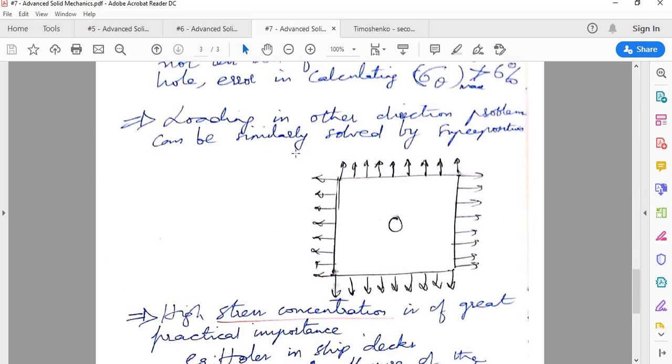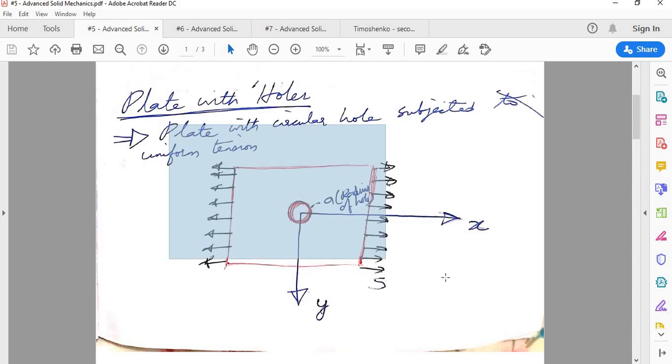And suppose I ask you this question, where you have two applied stresses in two directions, right? So you can use the principle of superposition. Of course I may not ask the full derivation because it is exhaustive, but maybe I can ask you for 1 or 2 marks, how will you solve this problem? Now you know the solution of this problem.